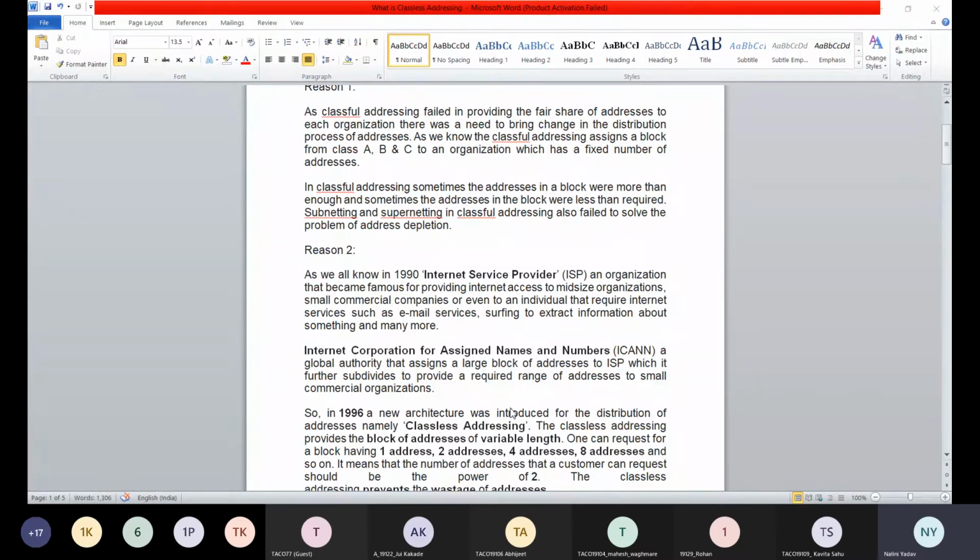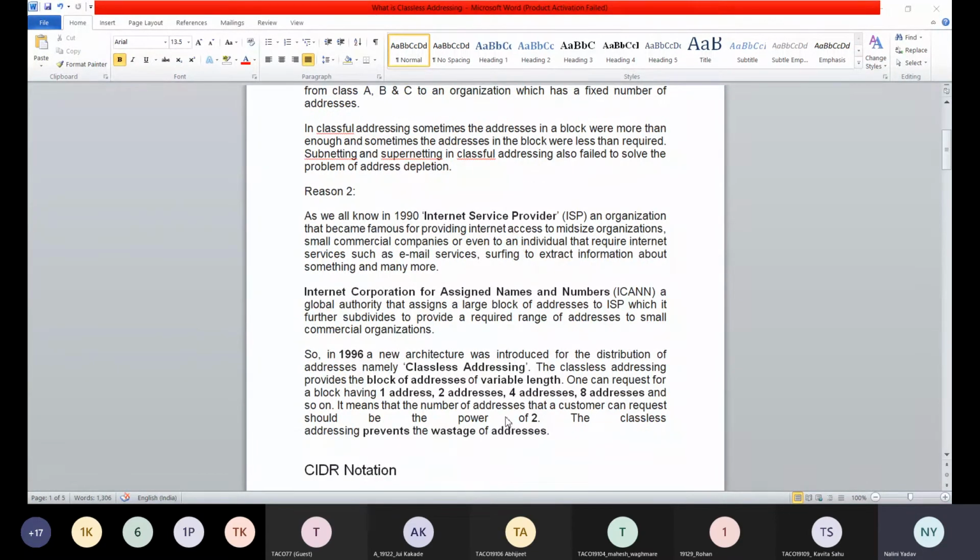So this is provided by an internet service provider. Now the Internet Corporation for Assigned Names and Numbers, that is ICANN, a global authority, assigns a large block of addresses to an ISP, which it further subdivides to provide the required range of addresses to small commercial organizations.